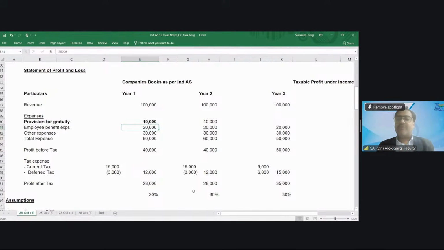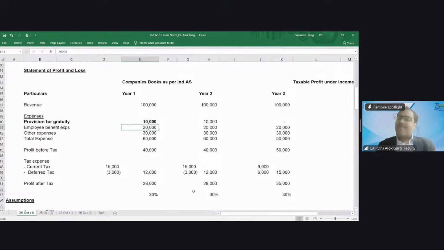G stands for good and God. When you are donating, you are doing charity, a good cause. So 80G, G stands for good and God. That is why 80G is for donation.